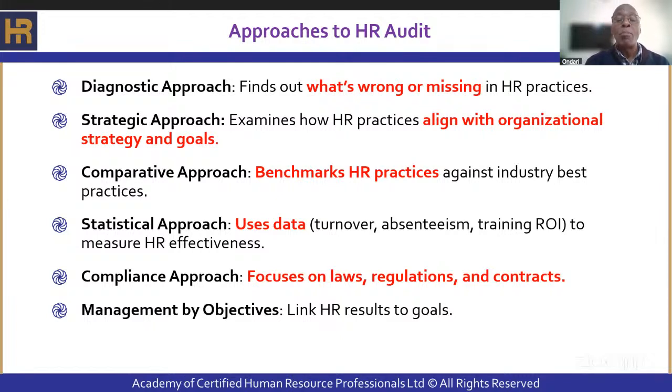This is where managers and employees sit together and set objectives and targets, and then evaluate their performance based on the level of attainment of those objectives. Level of attainment.